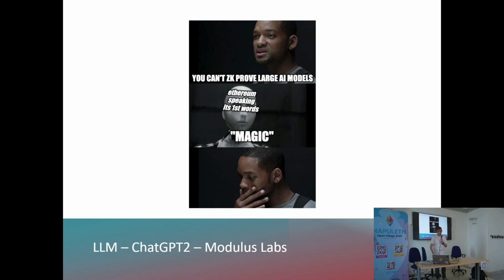So I said Modulus Labs have used this. This came from an image about 18 months ago now, I think. So far I've been saying, zkML is hard. We can't prove things very easily. Everything is too expensive to do with zk. That's the top image here. But then what they did is they took ChatGPT-2.